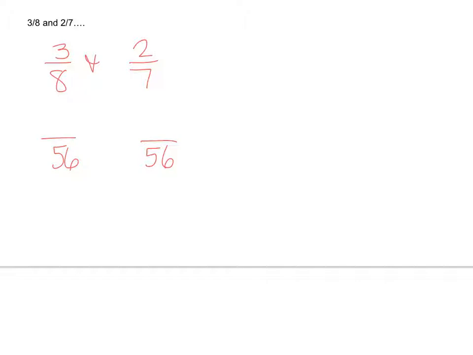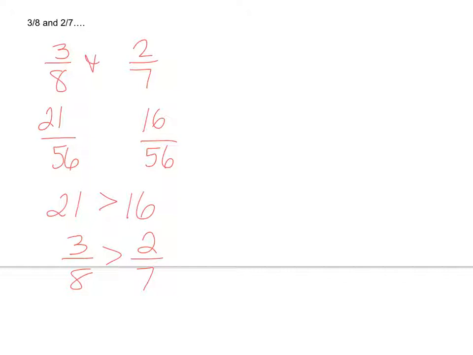So 8 goes into 56 7 times, 7 times 3 is 21. 7 goes into 56 8 times, 8 times 2 is 16. Now with a common denominator, we can easily see that 21 is greater than 16. So 3/8 is in fact greater than 2/7, and that's without using a calculator or doing any division.